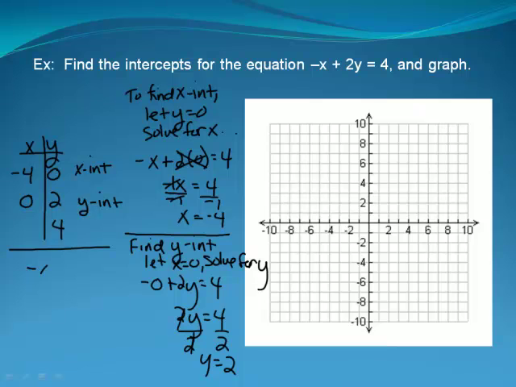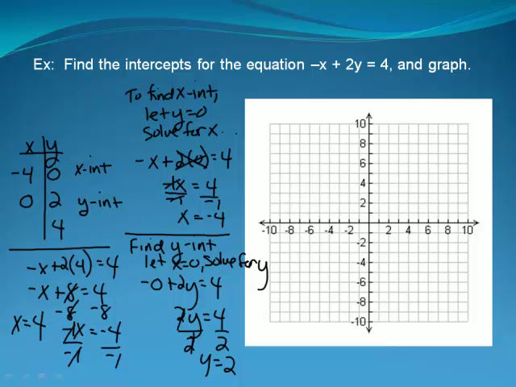So I've got negative x plus 2 times 4 equals 4, or negative x plus 8 equals 4. Subtract 8 from both sides. Negative x is equal to 4 minus 8, which is negative 4. And remember, that's a negative 1. We have to divide that negative 1 out, and x is equal to negative 4 divided by negative 1, which is a positive 4.